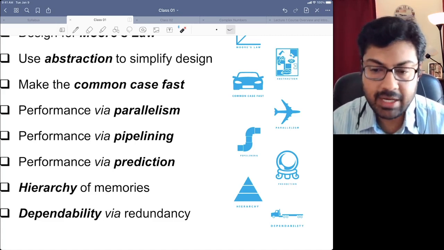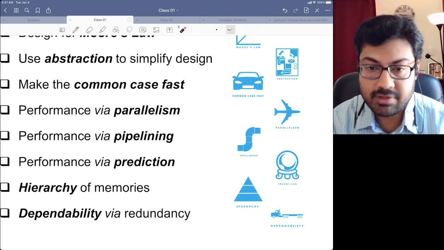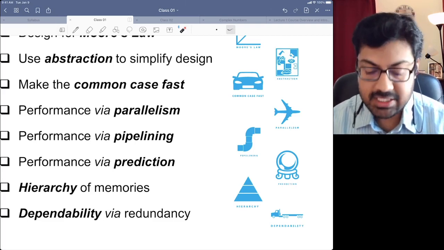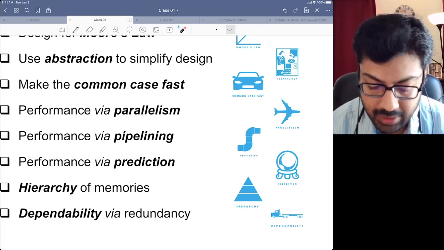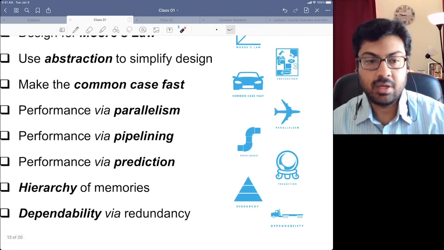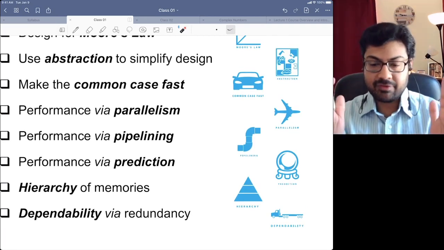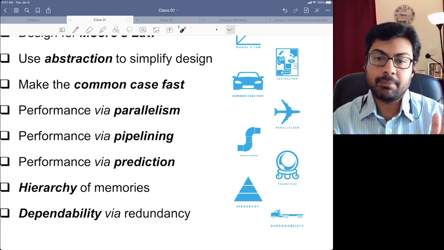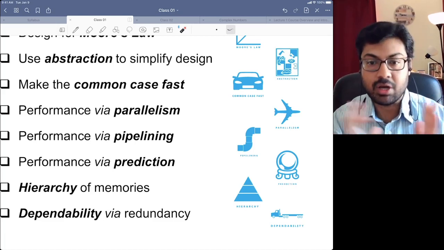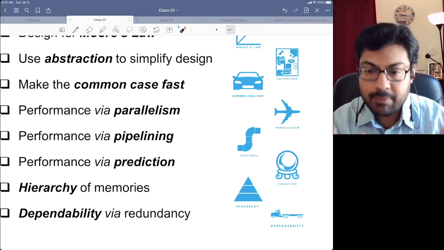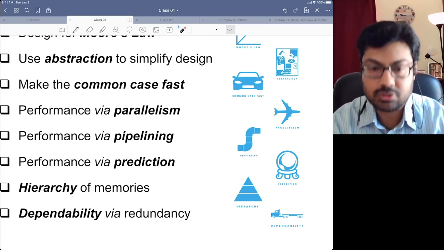Pipelining is something else. Pipelining is more in terms of hardware. And that's next on the list, so I'll talk about that as well. But parallelism is, if you have a big task, if you are able to chop it up into multiple smaller tasks, and then make progress on that, then you are doing it faster.